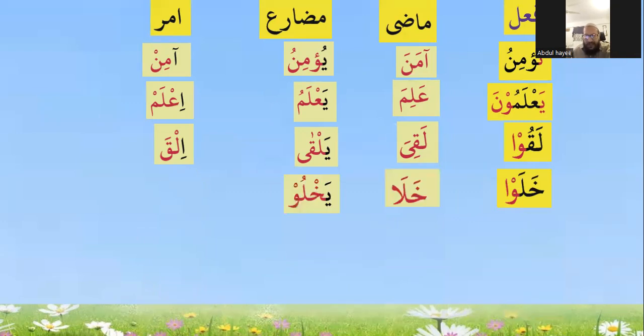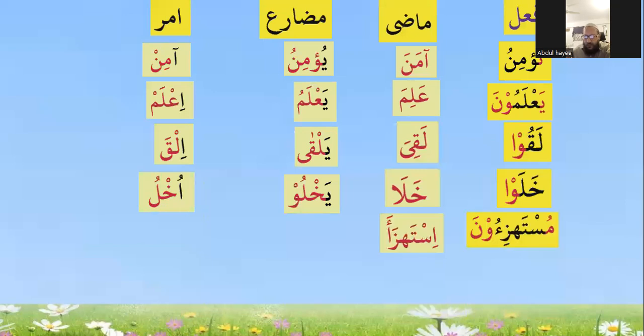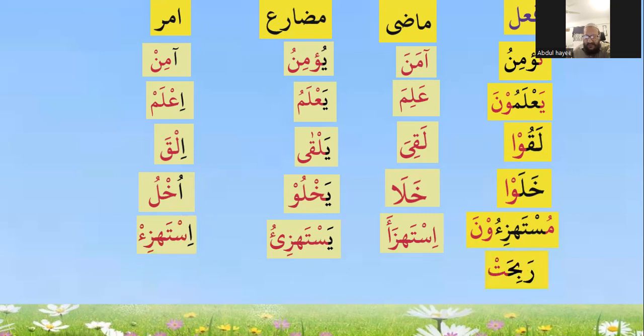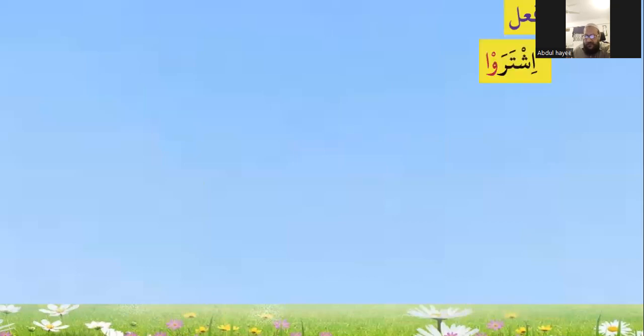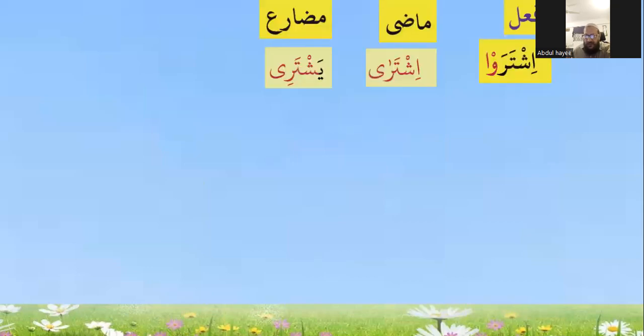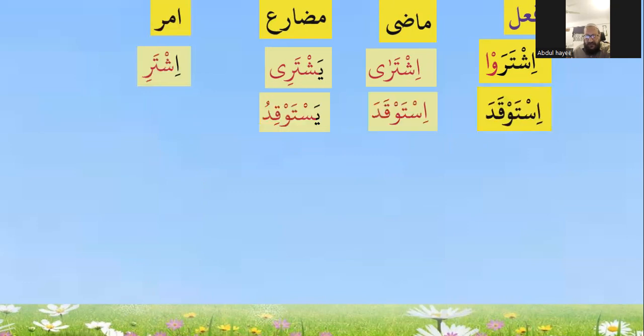Follow. Ala, Yakhlu, Ukhlu. Mustahziun, Istahza, Yastahziu, Istahzi. Then Rabihat, Rabiha, Yarbahu, Irbah. Muhtadi, Ihtada, Yahtadi, Ihtadi. Ishtara, Yashtari, Ishtari.